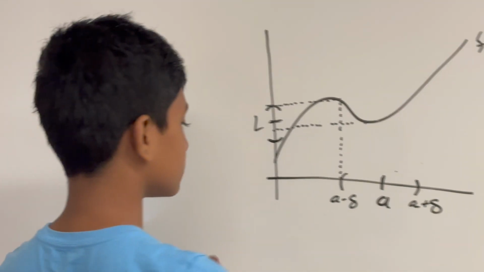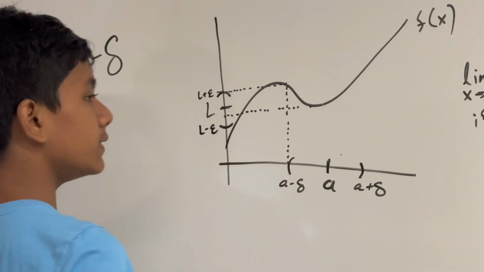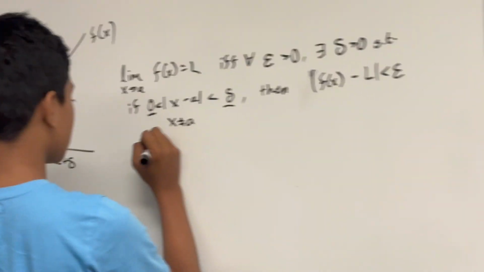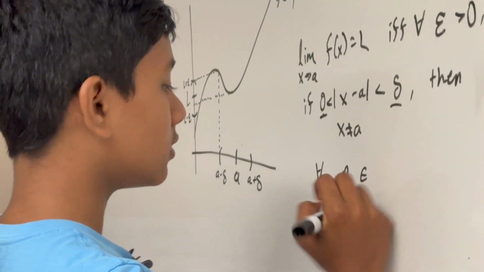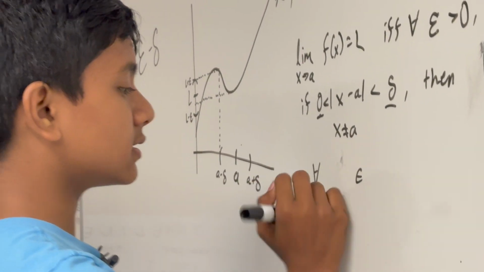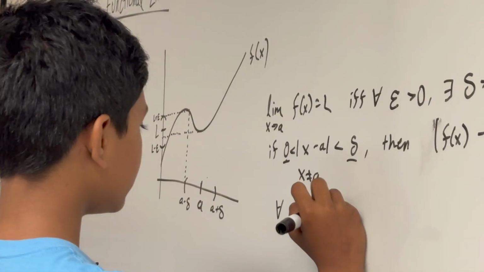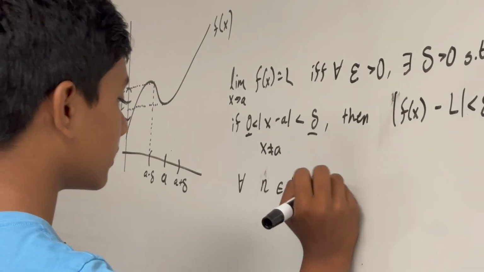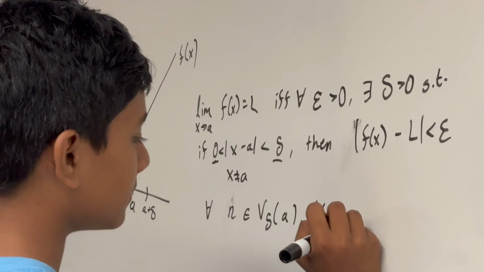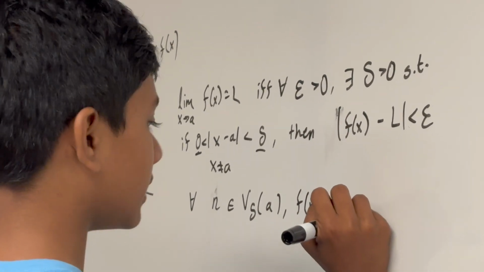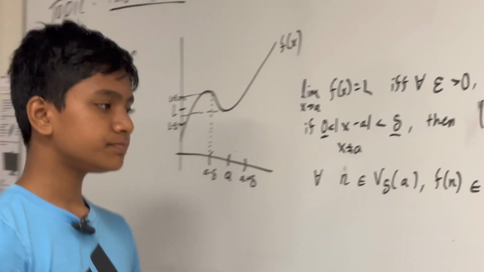So we just want to make sure for all n, which is in the delta neighborhood of a, f of n has to be in the epsilon neighborhood of L.